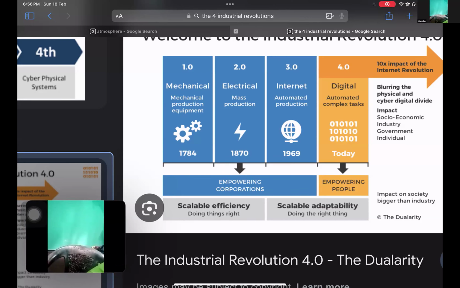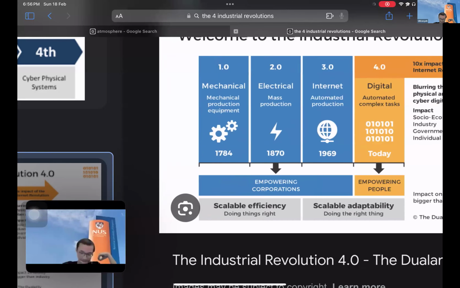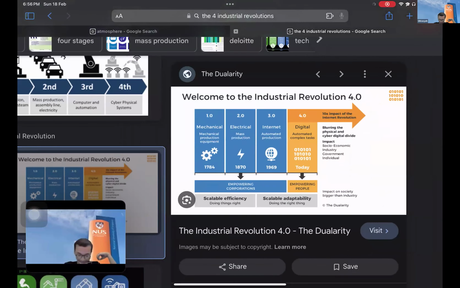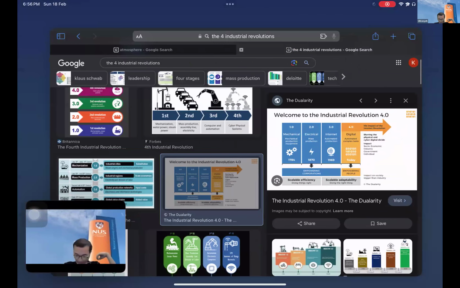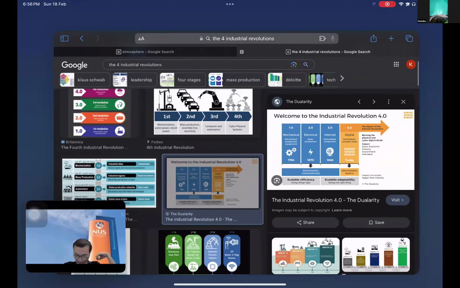So yeah, the world is changing. That's why there is the importance of Industry 4.0 in today's world.